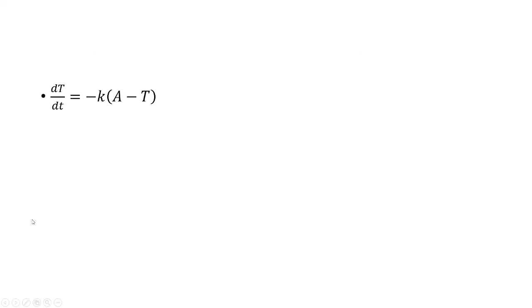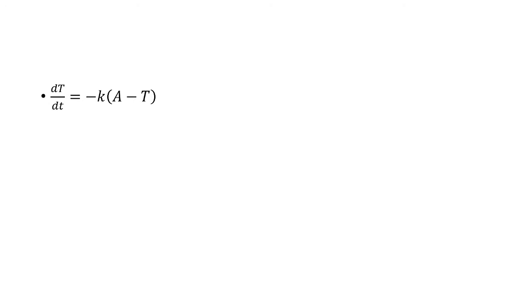Okay, so in order to solve this, we need to use Newton's law of cooling. So that's dT/dt equals negative k times the quantity (A minus T). So k here is a constant.